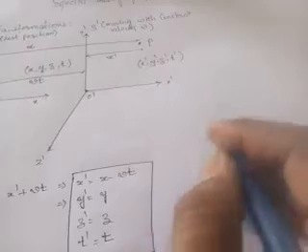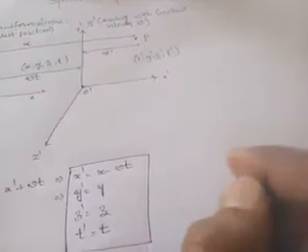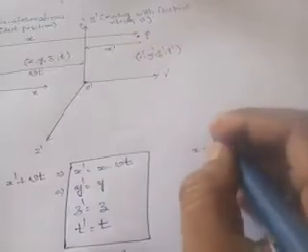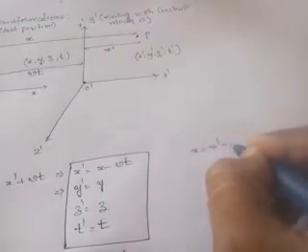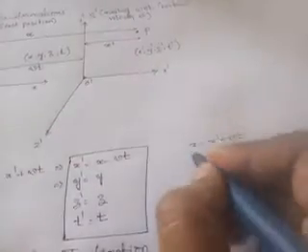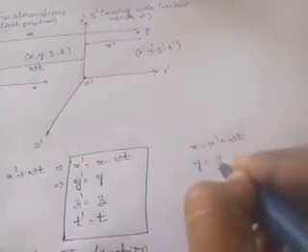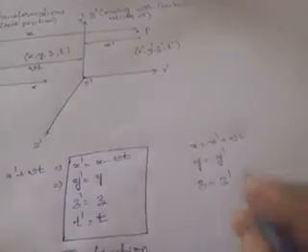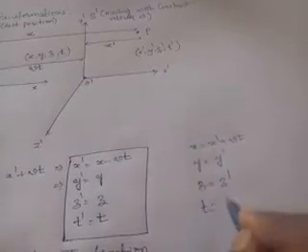How can we write the inverse Galilean transformation equations? x is equal to x dash plus vt, y is equal to y dash, similarly z is equal to z dash, and t is equal to t dash.